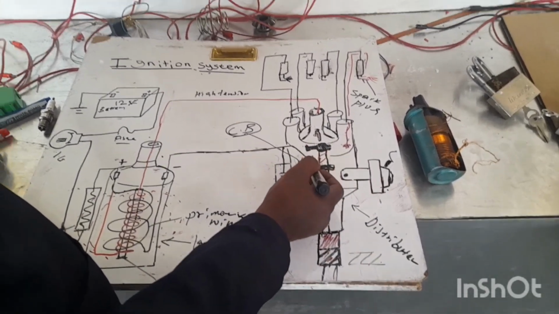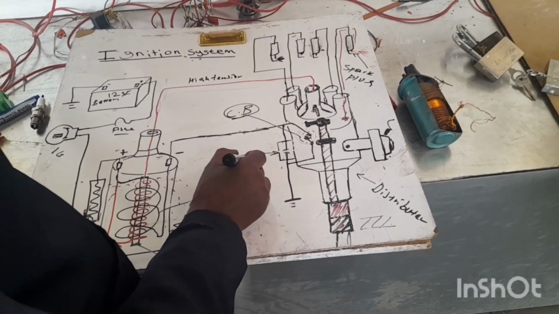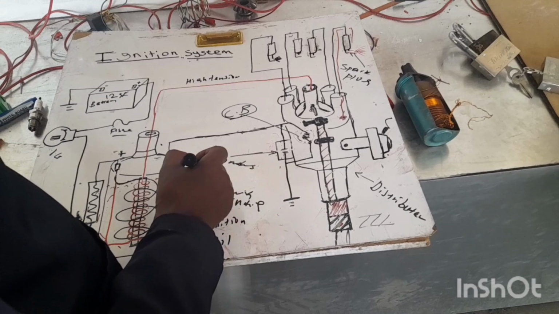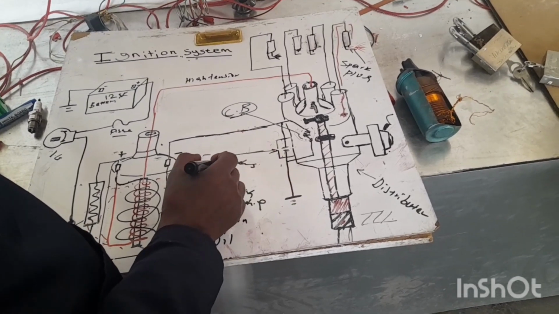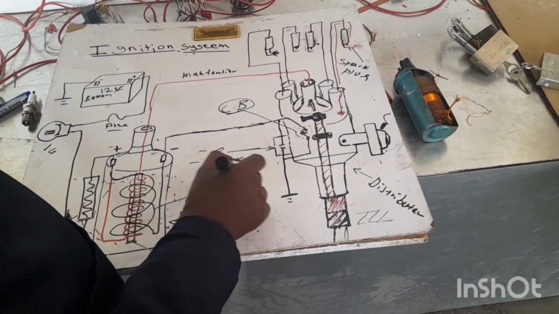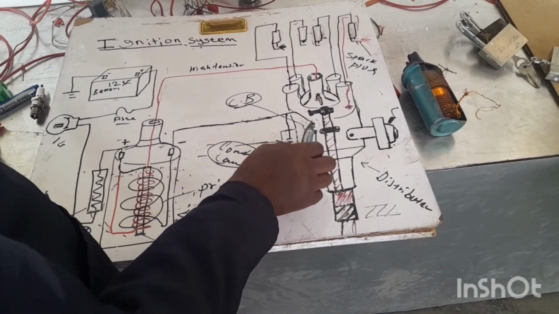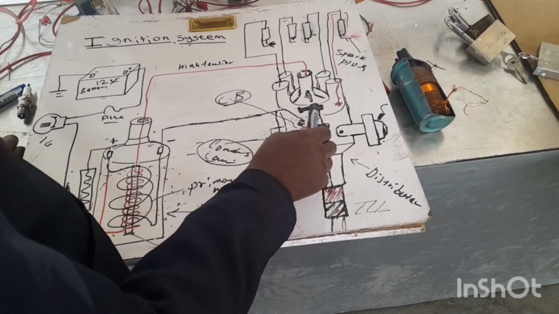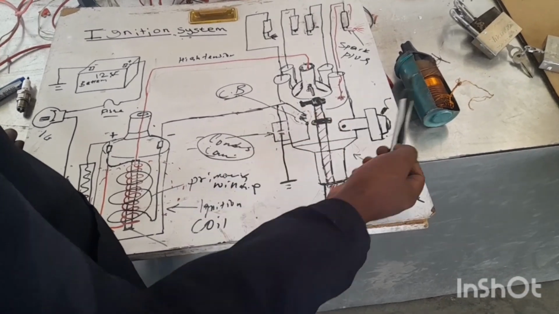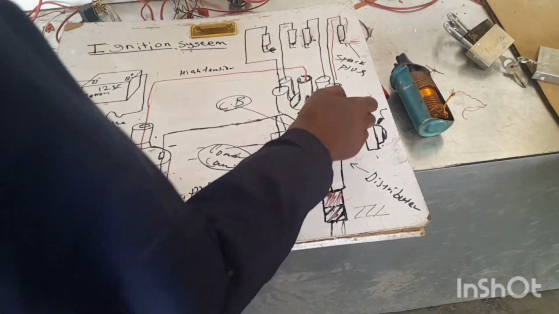To protect against that, we have the condenser, or in other words, the capacitor. The capacitor is mainly used to protect the contact breaker point. This is the rotor, which is responsible for distributing the high tension voltage to each individual spark plug.